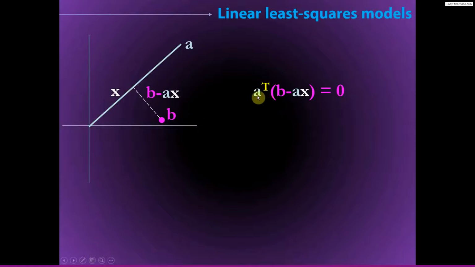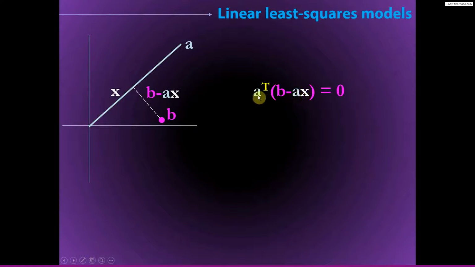So that equation looks like this. We have the dot product, and we assume that these are column vectors. So we have this vector a and this one here, b minus ax. And we know that the dot product between these two has to be 0. So that's good. And now what we want to do is solve for x.